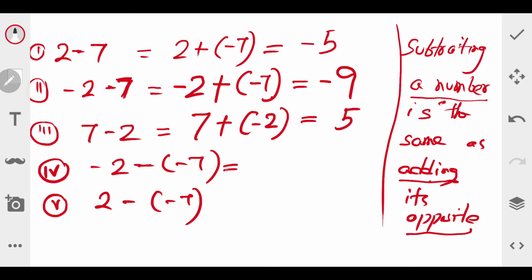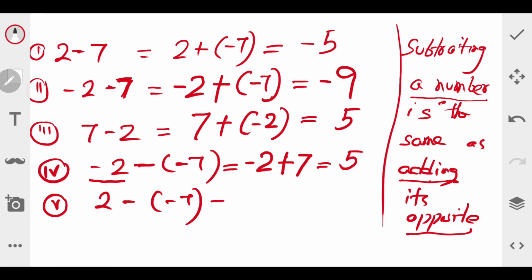Let's look at the fourth one. We're subtracting -7 from -2. Are we changing -2? No, because that's your starting amount, so it is untouched. Subtraction becomes plus. Now what is the number that we're subtracting? It's -7. Be careful, what's the opposite of -7? That'll be +7. Using the money concept, you owe $2, but you have $7, so you're going to have $5 left.